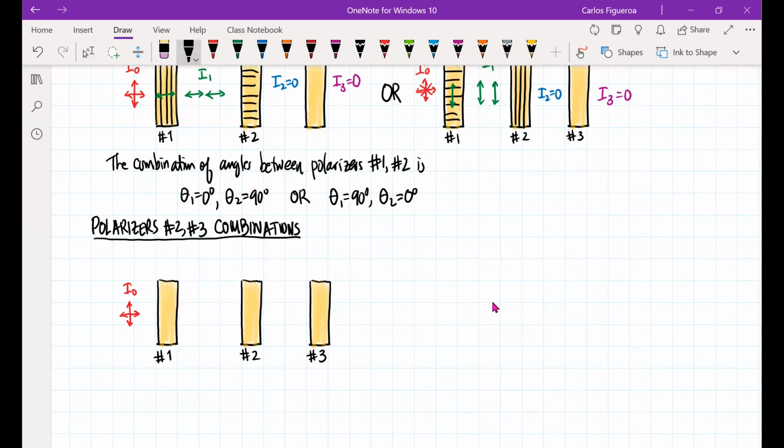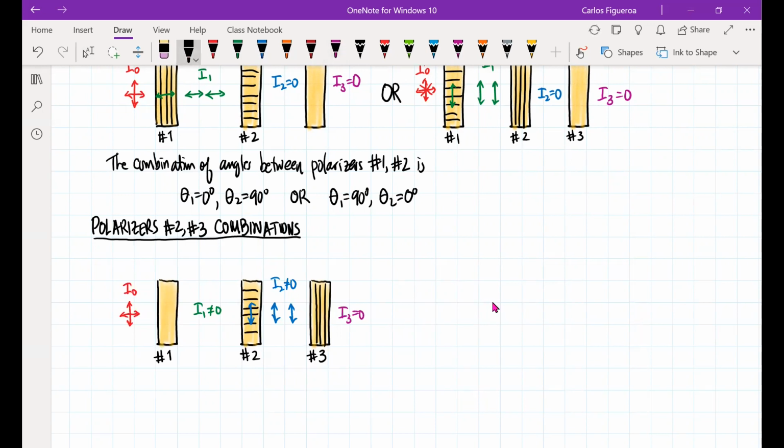So if I choose this guy to be horizontal, then regardless of what happens, this intensity 1, which is not 0, is then going to have a component that comes in that's going to be vertically polarized. So all of a sudden, this intensity is not 0. Then to kill this off, I need a vertical polarizer so that it filters that out. So now the intensity here is 0.